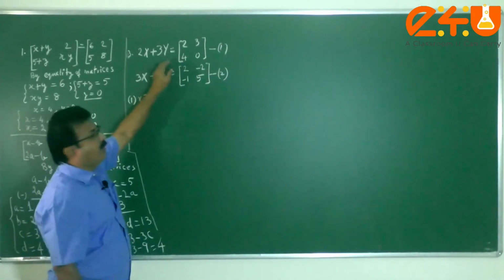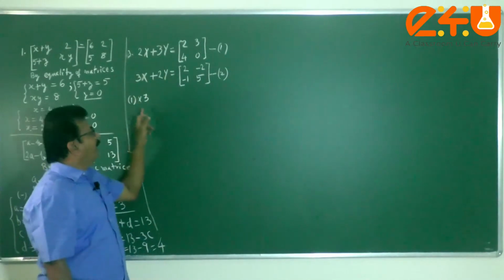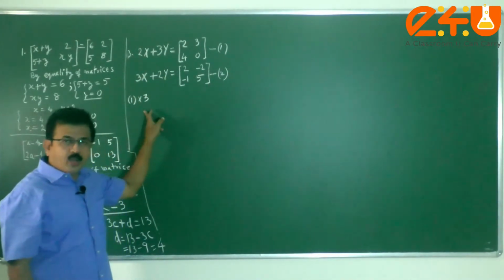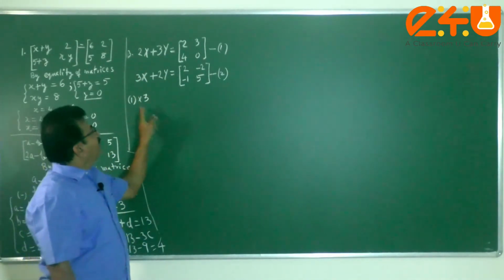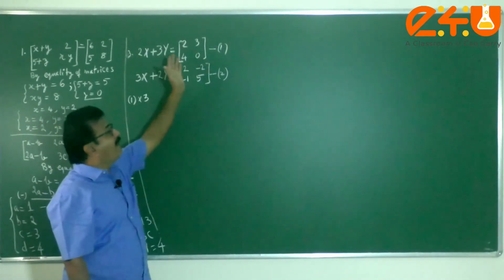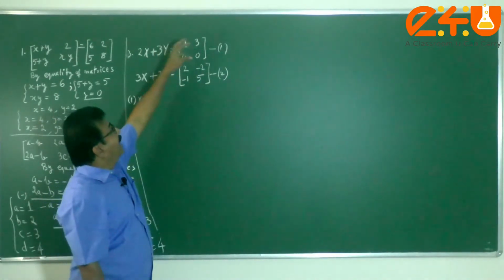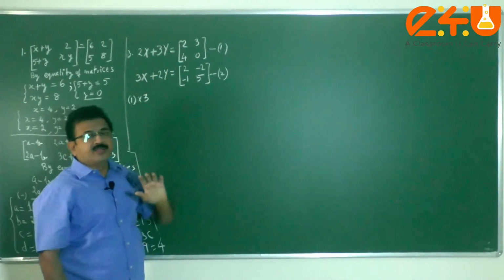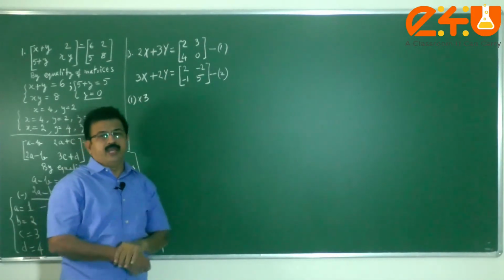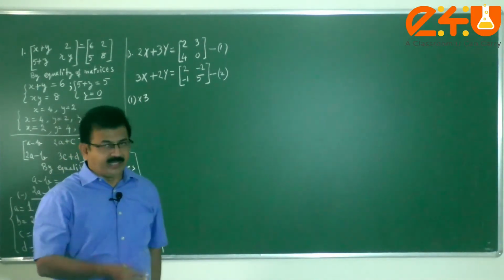So the matrix Y will be multiplied; the coefficient is 3 already, you are multiplying by another 3, so the coefficient now becomes 9. Now when I multiply the matrix on the RHS by 3, every element inside the matrix also gets multiplied, which is called a scalar multiple of a matrix.